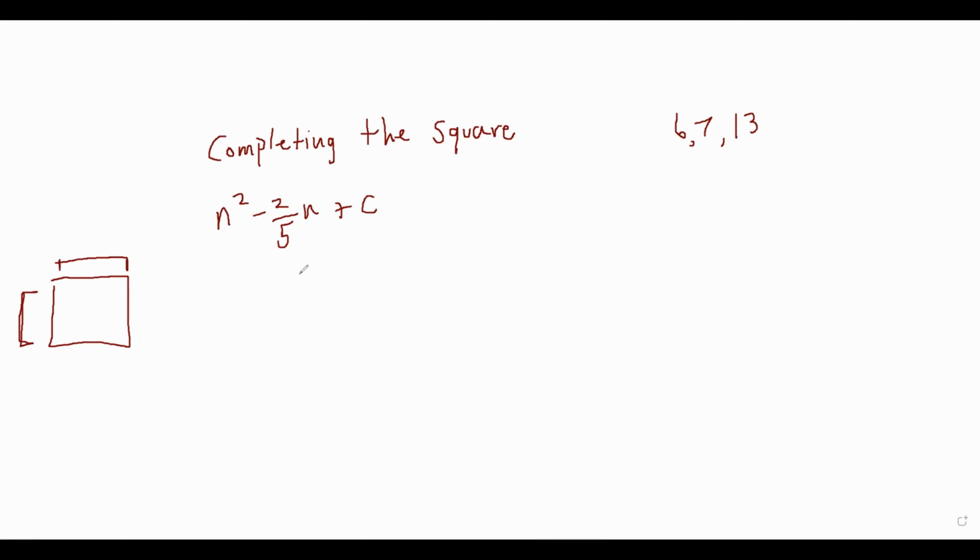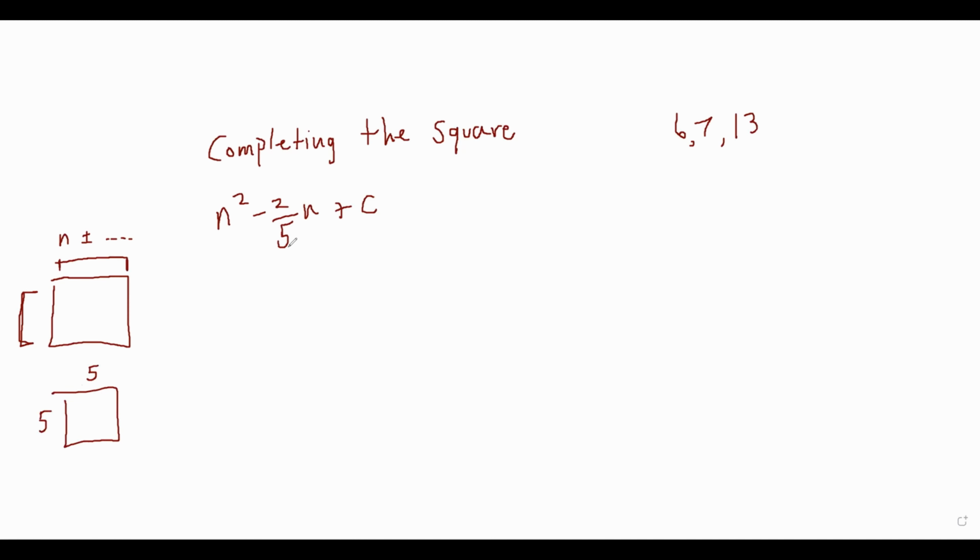So what does that look like? It's going to look like n plus or minus something, and then on the same side it'll have the same thing because it's a square. Thinking about a square that has an area of 25, one side's going to be 5 and the other side's going to be 5. So same width and length. So how do we do this?